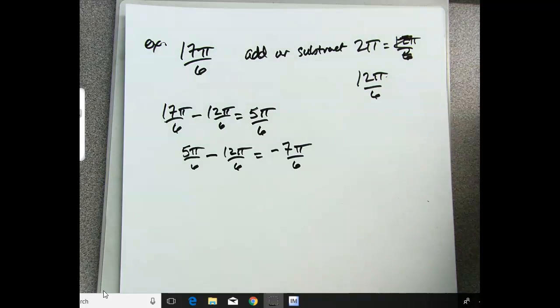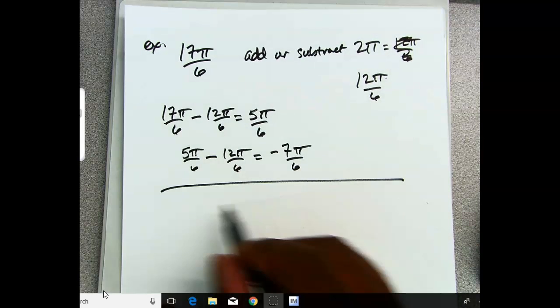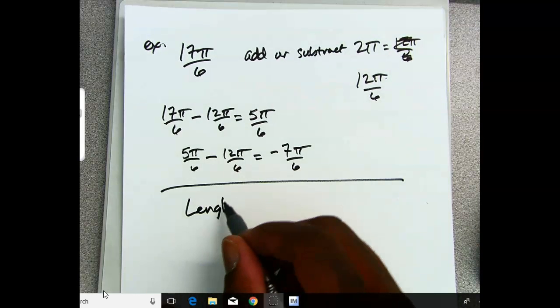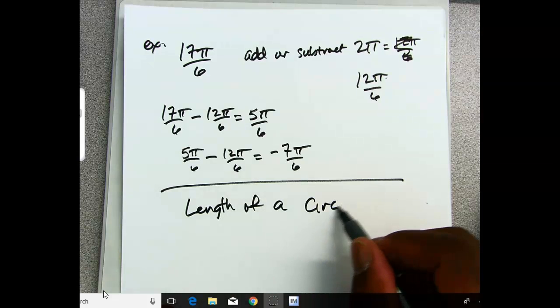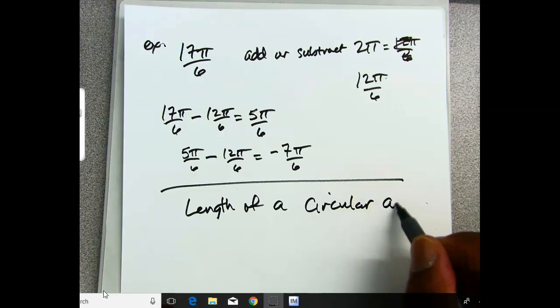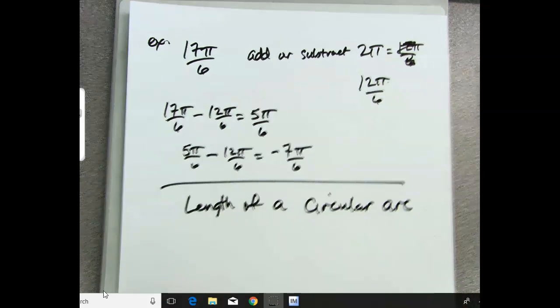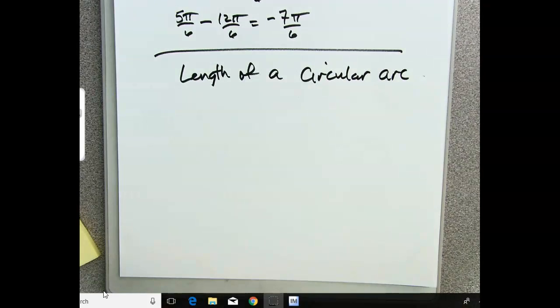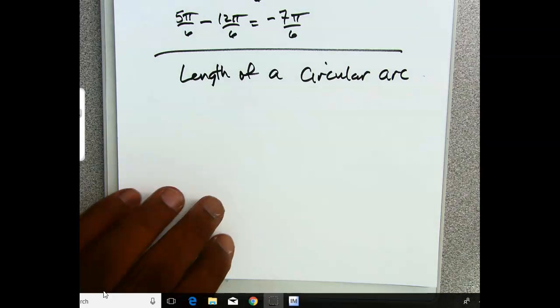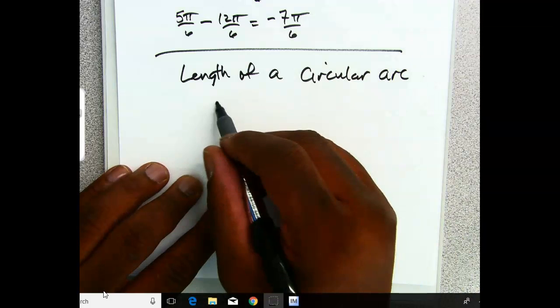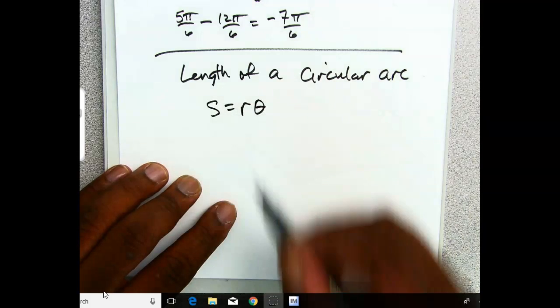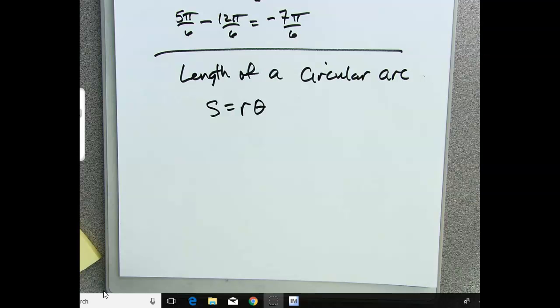All right, last part for today's lesson, and we're actually going to do these. The length of a circular arc: s is equal to r theta.